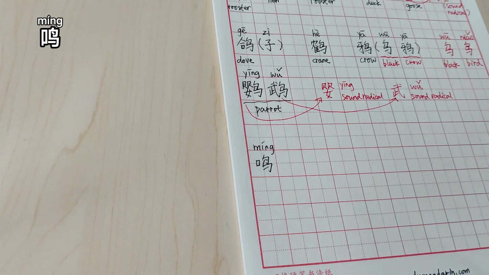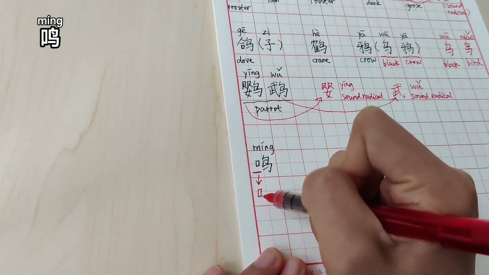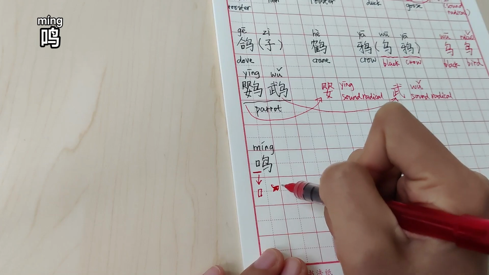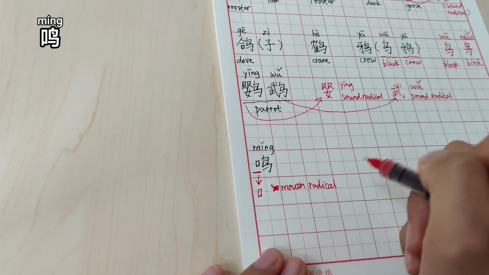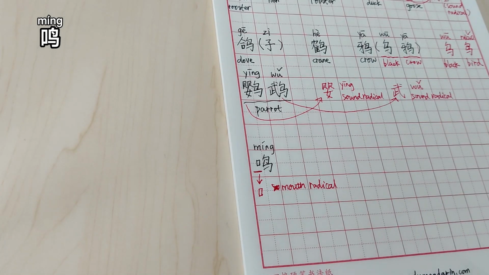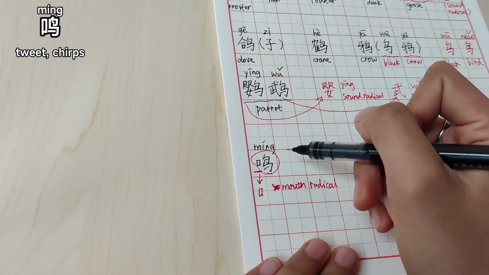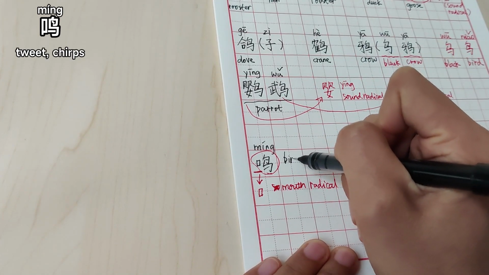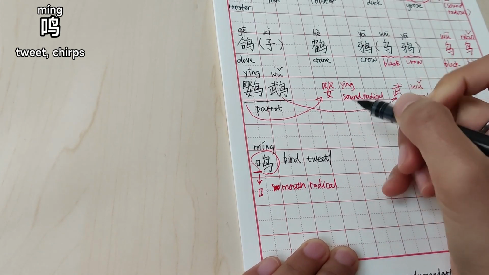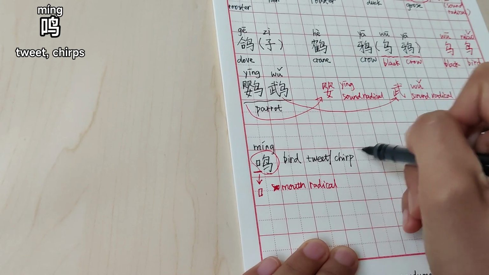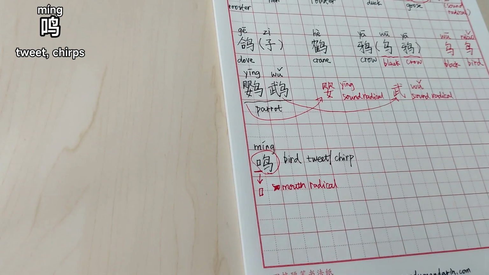As you can see on the left side of the 鸣, this is the mouth radical. So it's related to making the sound. So the 鸣 could mean the bird tweet or the bird chirp, because they make the sound with the mouth.